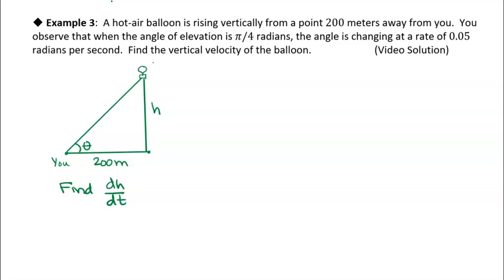Well, first of all we need an equation relating theta and h. What I see here is I'm given this adjacent side and the opposite side is h, so I can write a relationship, right? I can write tangent of theta is equal to h over 200. That's easy enough.